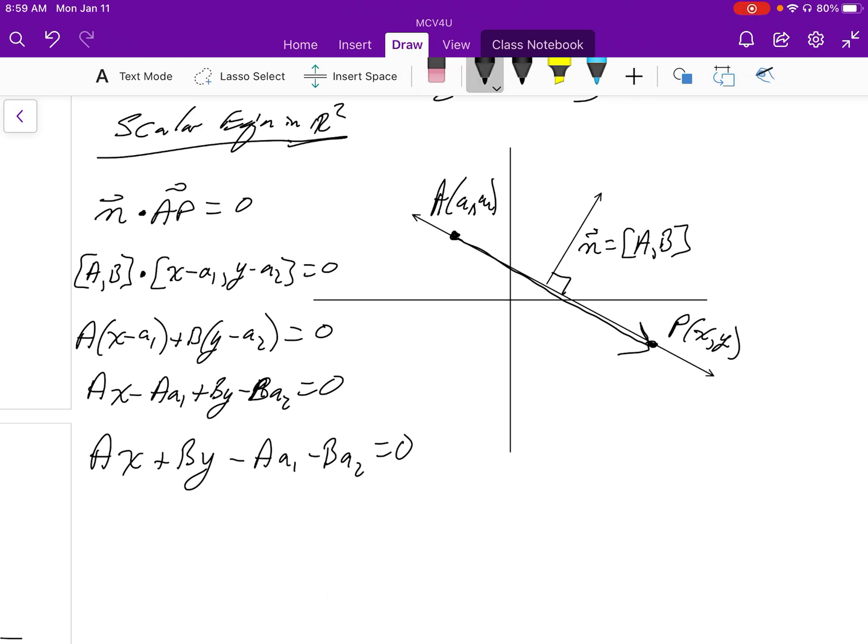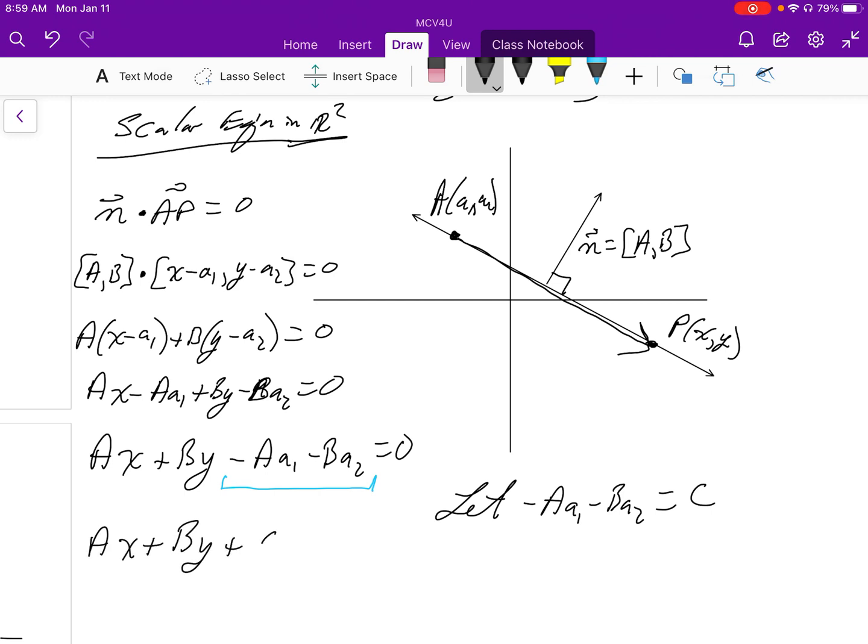To clean it up, we notice that negative A times A1 minus B times A2 is a scalar itself. These would be known variables, so we let this value be equal to C. And look what we end up with: AX plus BY plus C equals 0.